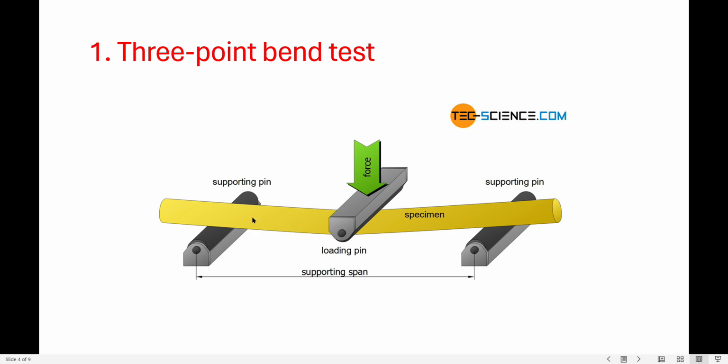The two supports located left and right of it act as simple supports, and the distance between the supports is called the supporting span, which is denoted by L. The loading pin is located at the midpoint of the specimen, and the green arrow is called the applied force, which applies a vertically downward force and causes a bending stress.